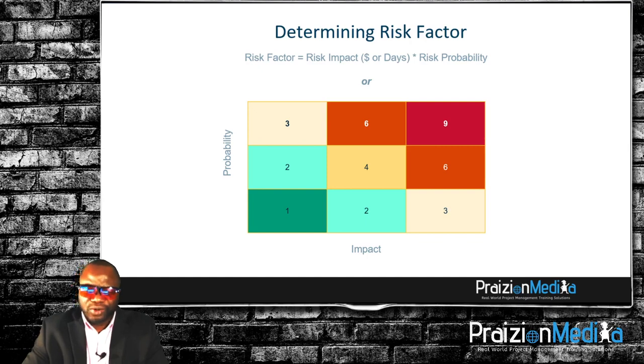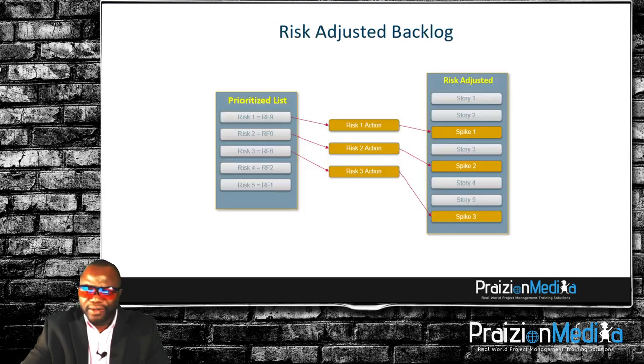So assuming we score certain backlog items and the risk associated with them, we understand what is risky, what is not as risky, and we can go into our backlog, as you can see on the screen, and we can decide certain risk actions or spikes that are associated with risks that could impact our backlog items.